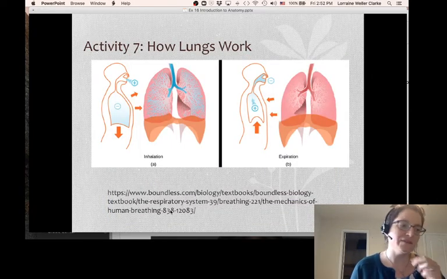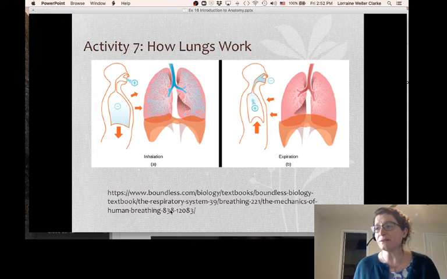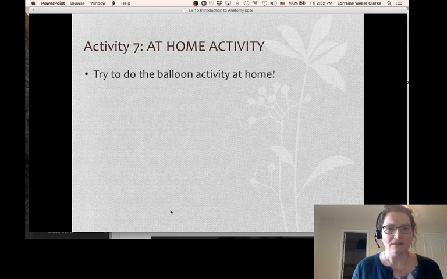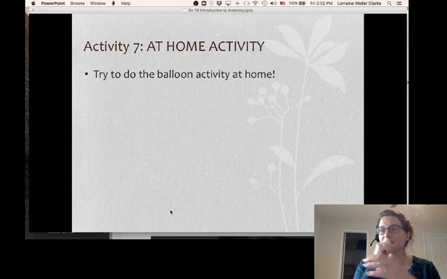So activity 7, here's the deal. You can't do this. You're not in lab. If you have a balloon, you can do it yourself. So do try to do it at home. If you have a balloon, what you're going to do is take a normal breath, blow out the balloon, hold it, measure how big it is, okay?